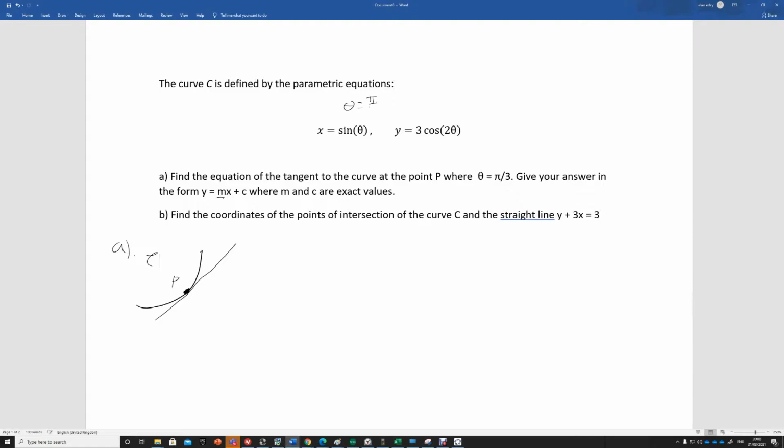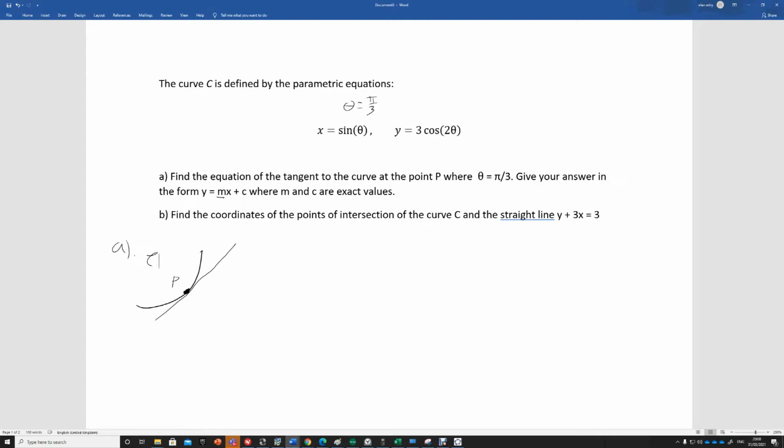So to find the Cartesian x and y coordinates of this point P, I need only substitute theta is equal to pi over 3 into my parametric equations. Then I will be able to work out c. So without further ado, let's have a go at this.